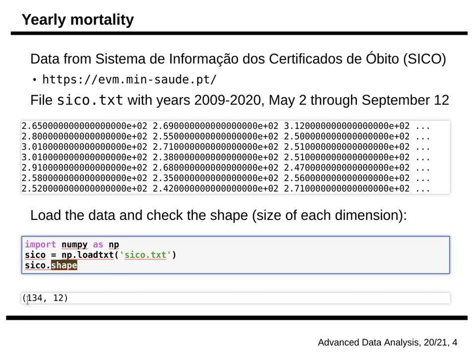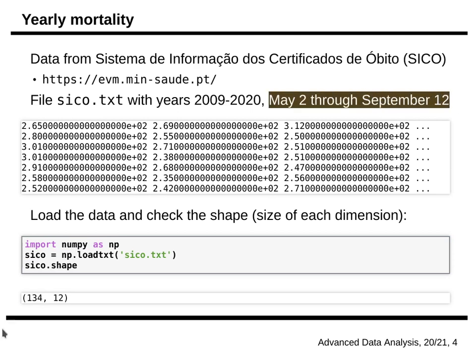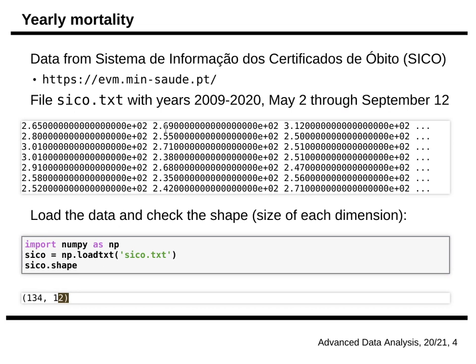So the first axis, the first direction, is the rows, and this has 134 rows because these are the number of days between these two dates. And you have 12 columns because of the 12 years from 2009 to 2020, including both of these extremes.